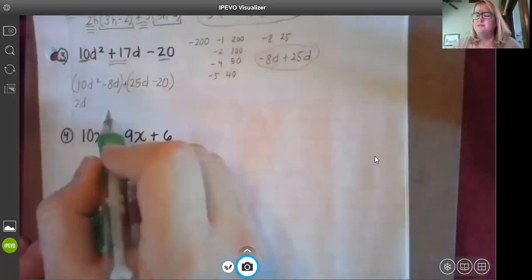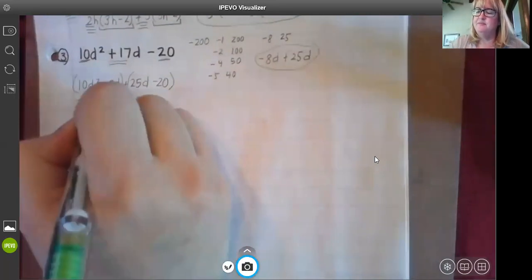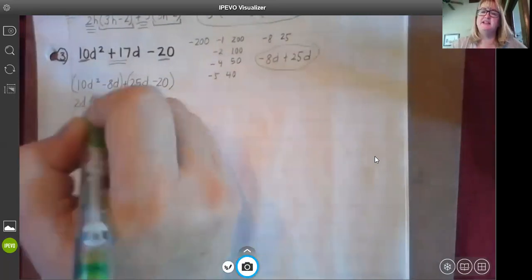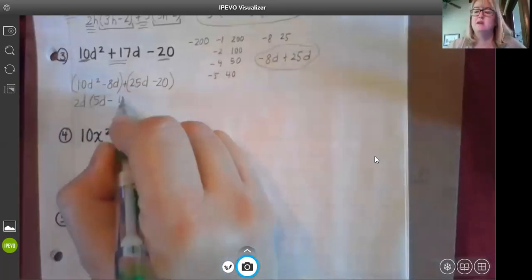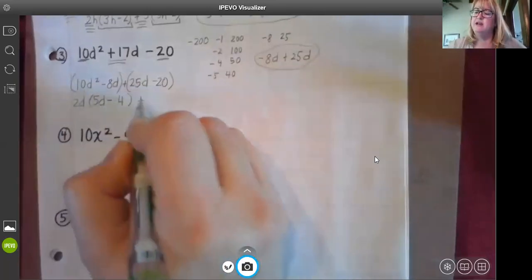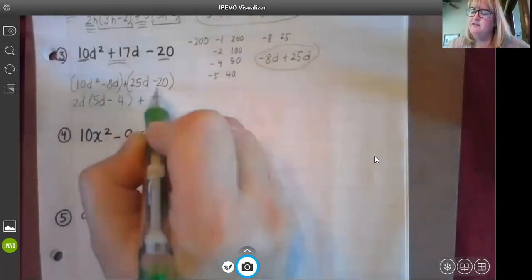All right, 10D squared divided by 2D is 5D. Minus 8D divided by 2D is 4. Plus, all right, what can I factor out of 25 and 20? Well, I can factor a 5.